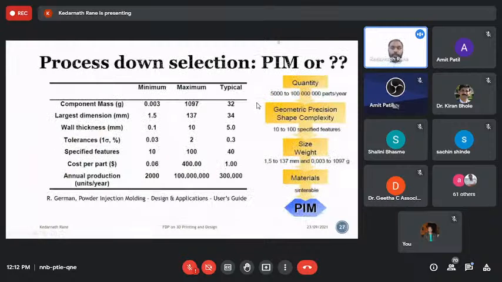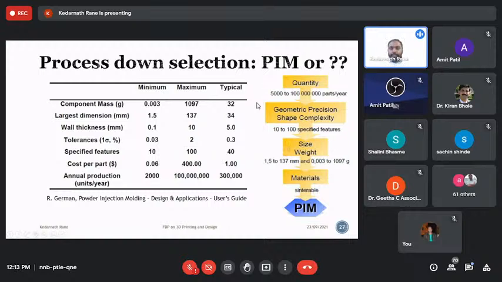When it comes to the applicability of PIM or MIM process, when a typical manufacturing engineer selects a metal injection molding process suitable for production of certain shapes and quantities, you can see these down selection criteria. You need to consider very high quantity requirement, typically in millions of parts, very high geometrical complexity, very high geometrical precision required.